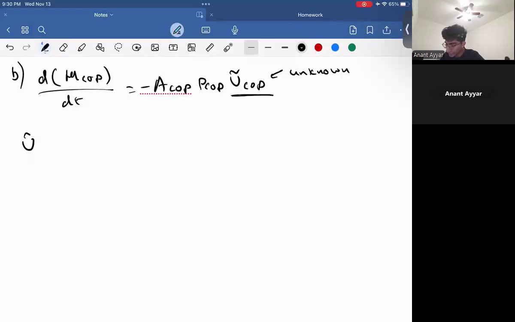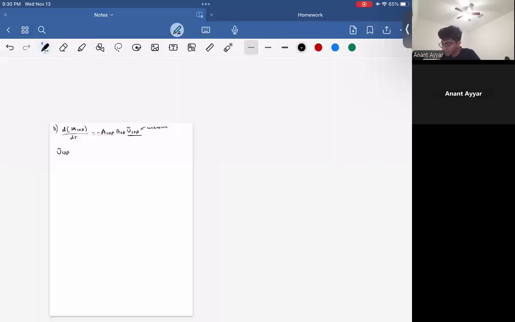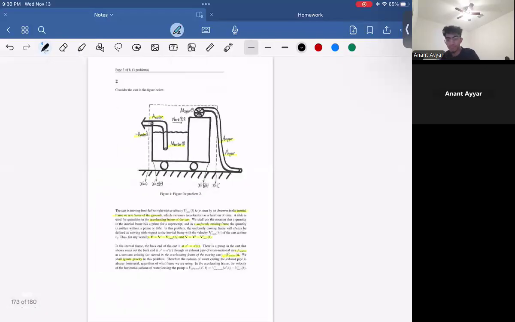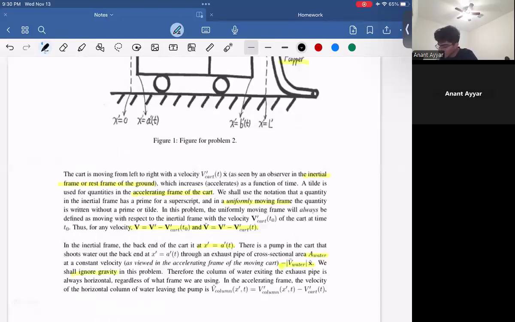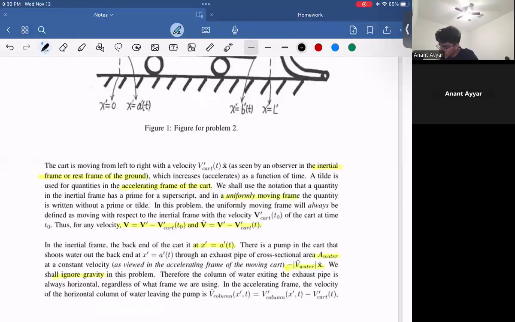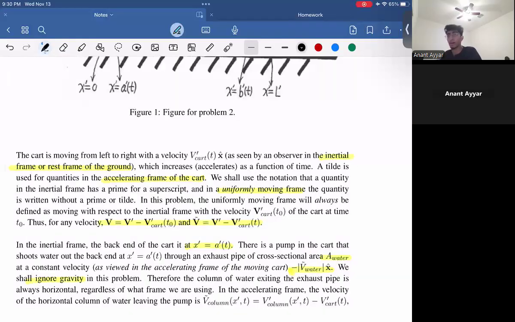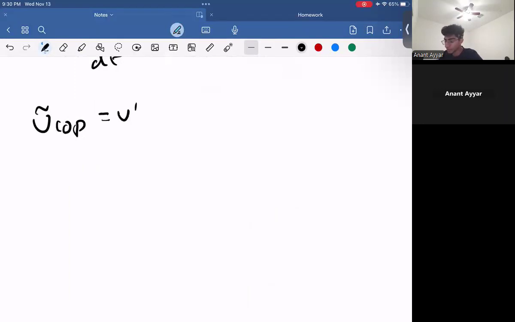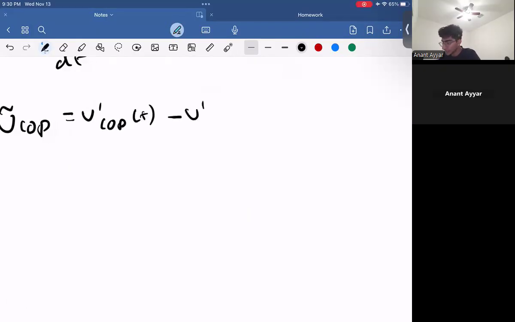So if we just write v copper here, and this comes from these equations over here, we can write this in terms of, what is this? V copper t in the inertial frame minus v prime of the cart in the inertial frame.